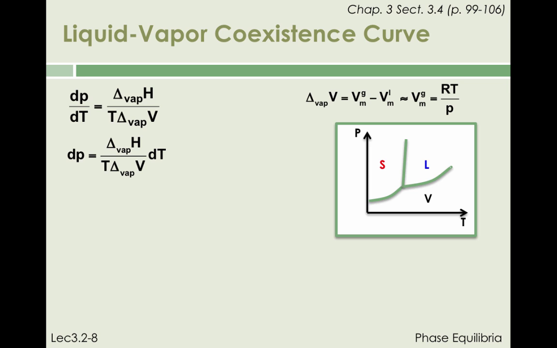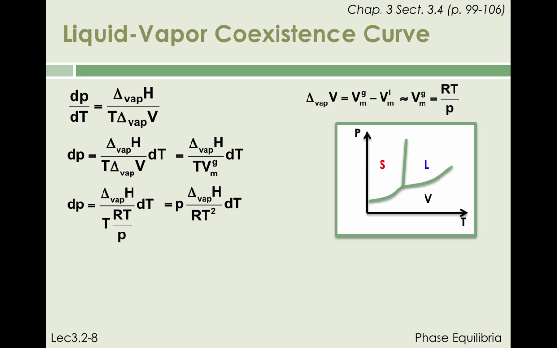So replacing delta vaporization V by RT over P, we get dP equals delta vaporization H divided by RT squared over P times dT, which we can rearrange as dP equals delta vaporization H times P times dT divided by RT squared.